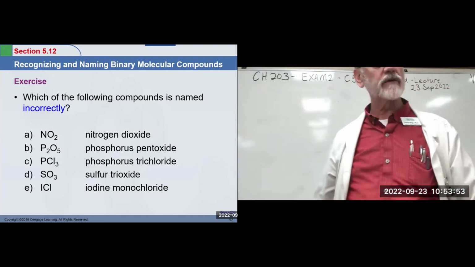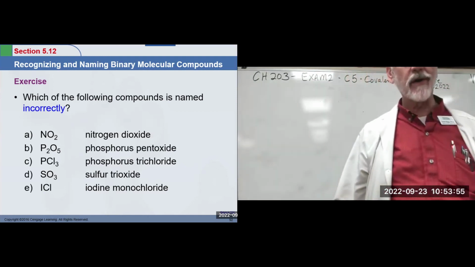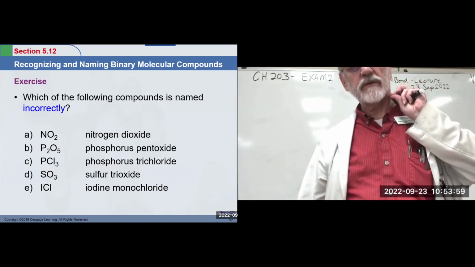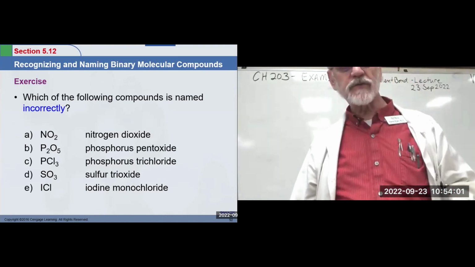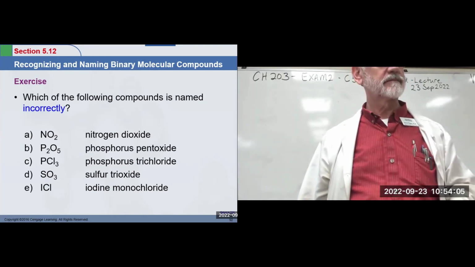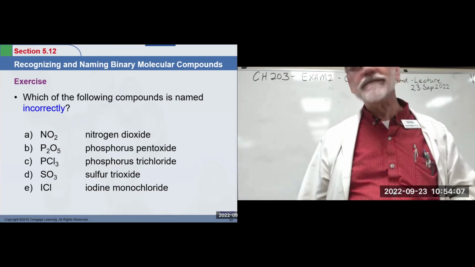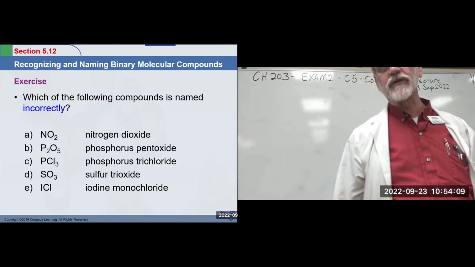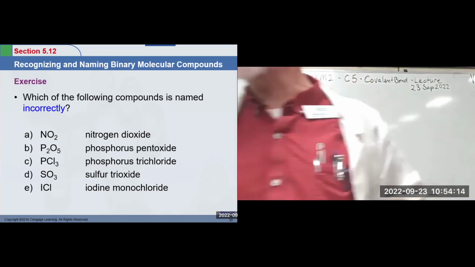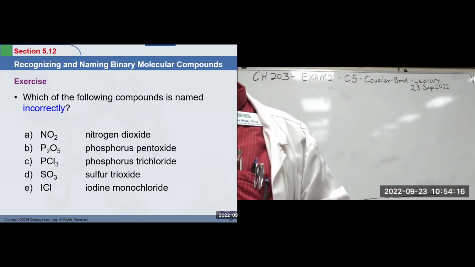Because it's two nonmetals, so we just need to say how many there are. Actually, they're all type 3 compounds. Phosphorus pentoxide. Is that right? Diphosphorus pentoxide. Right. Did everybody get a copy of that extra credit? 50 ways to name your compound?